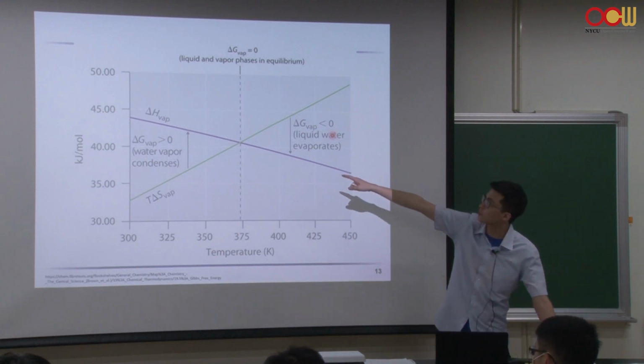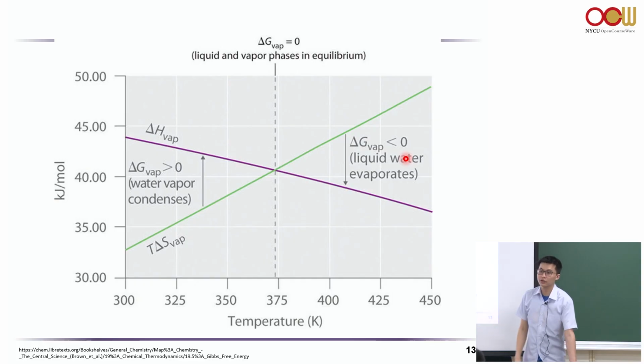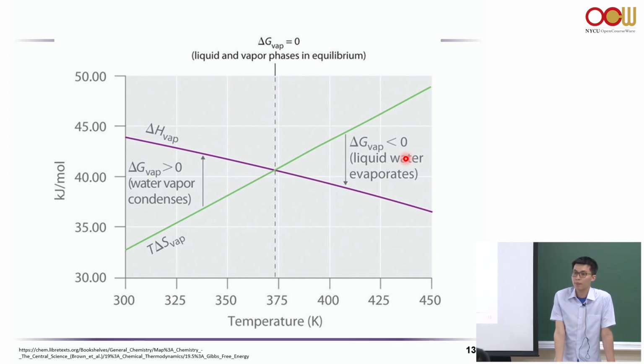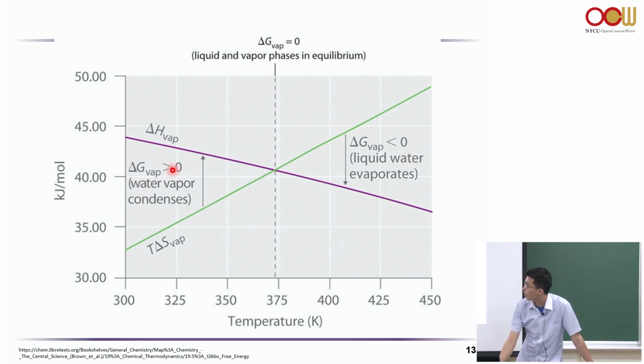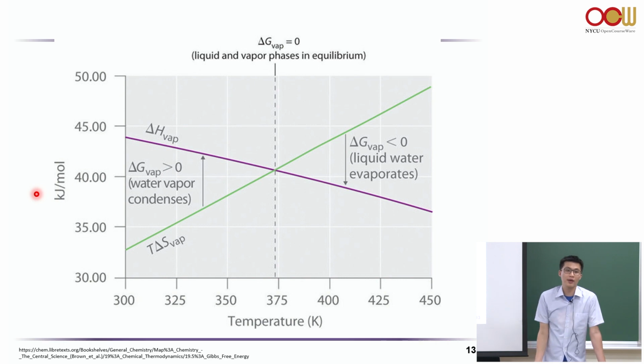And then there's a crossover point where your delta G is equal to 0. So it's a balance between your enthalpic and entropic contribution. Whether a reaction process is spontaneous or not is related to the specific reaction or specific process that you're looking at.